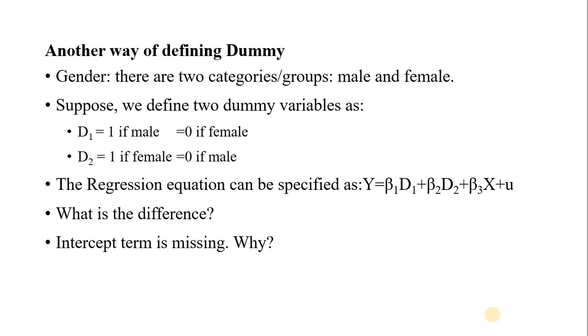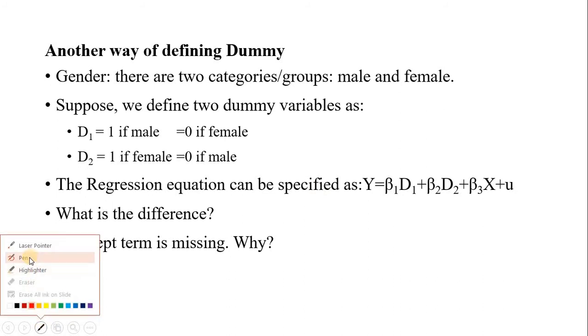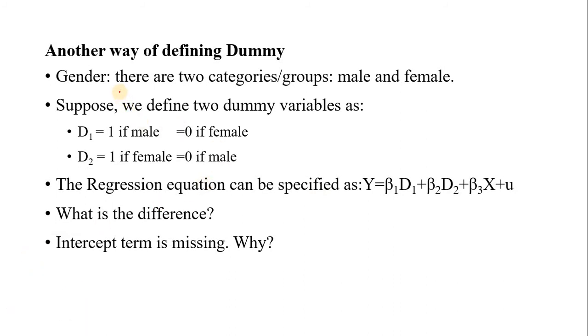Now, one more problem associated with this. Here, look at this. For gender there are 2 categories, male and female, and assume that we have defined 2 dummy variables to indicate the 2 categories.